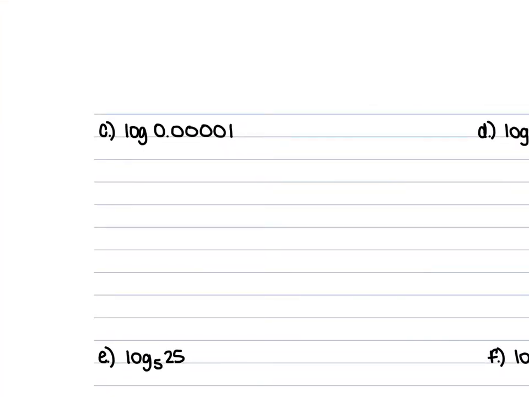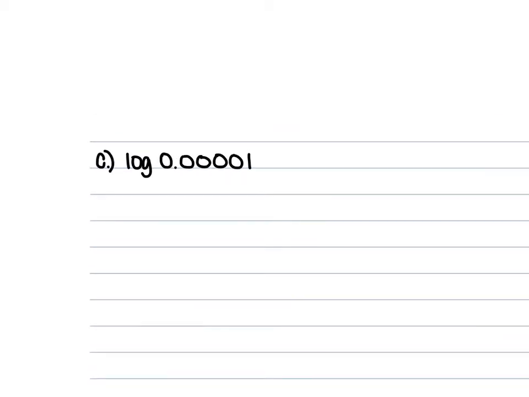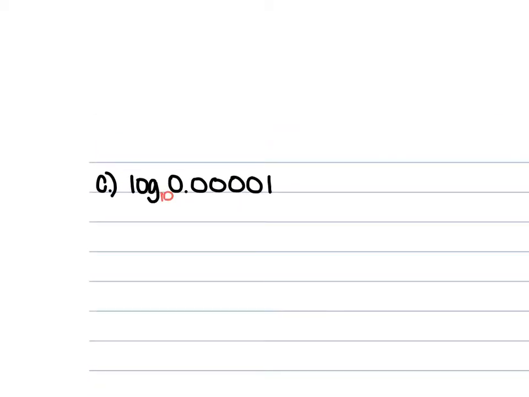For c, we have log 0.00001. So this is an invisible 10 for your base. So 10 to what power is 0.00001?